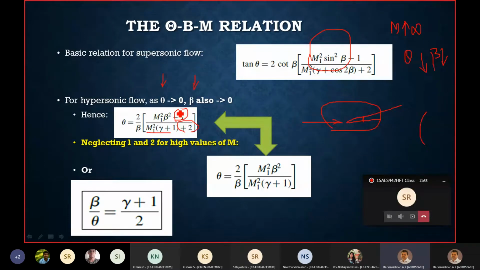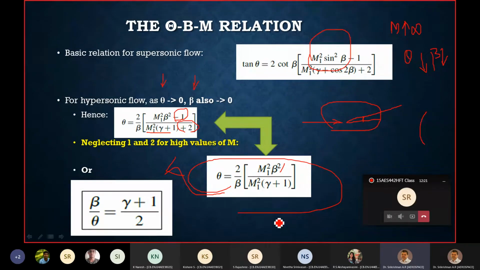So if you ignore these two, this gets further simplified as 2 by beta into M1 squared beta squared divided by M1 squared gamma plus 1. M1 squared gets cancelled, beta gets cancelled, so beta by theta can be written as gamma plus 1 by 2.